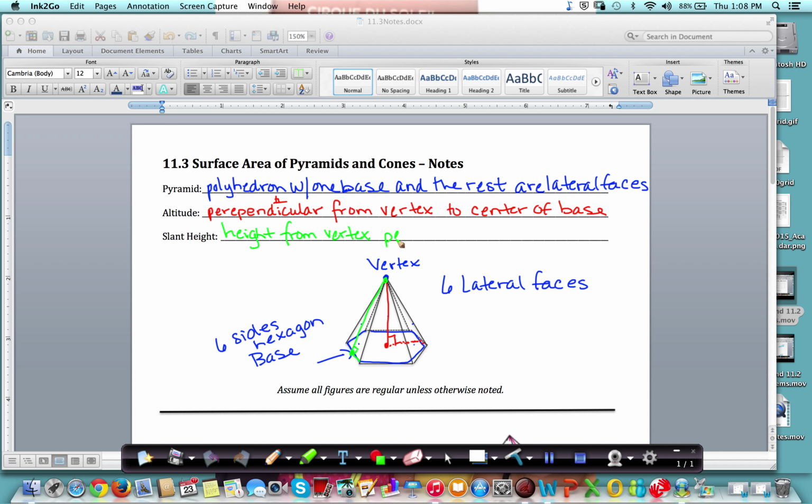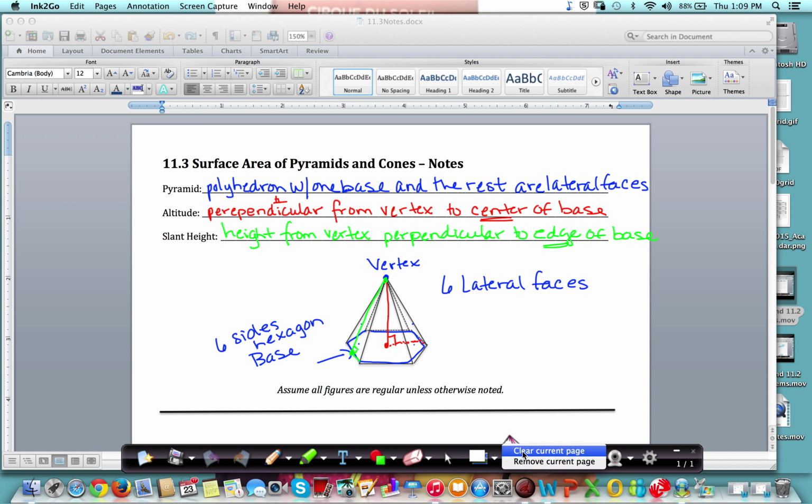Perpendicular to the edge of the base. So the altitude is to the center of the base, and the slant height is to the edge of the base. That's the difference between the two. You're going to need both of those in order to continue your work.